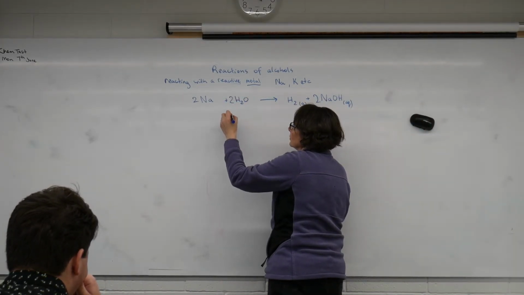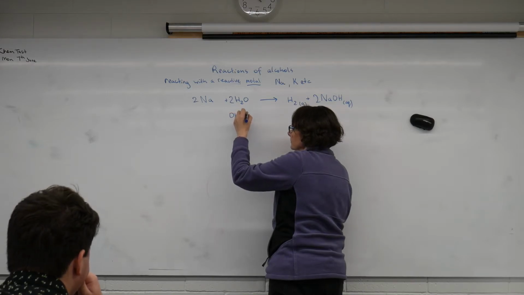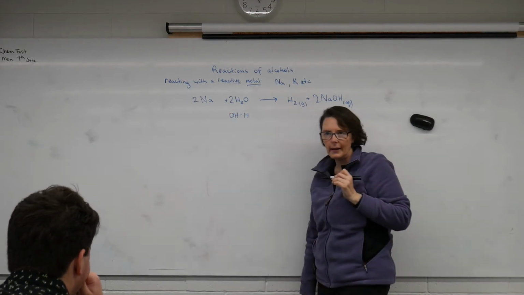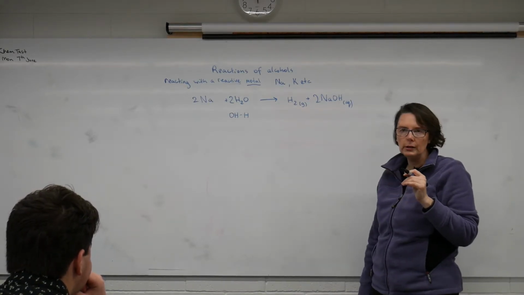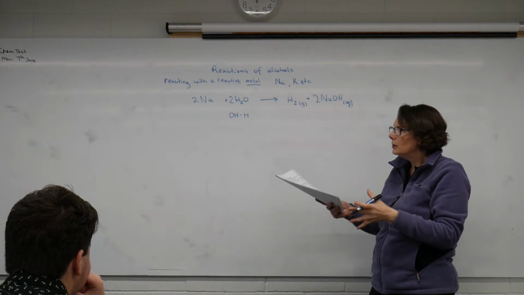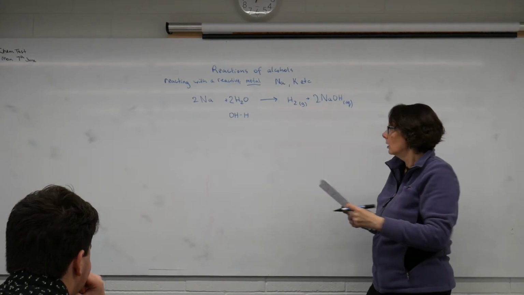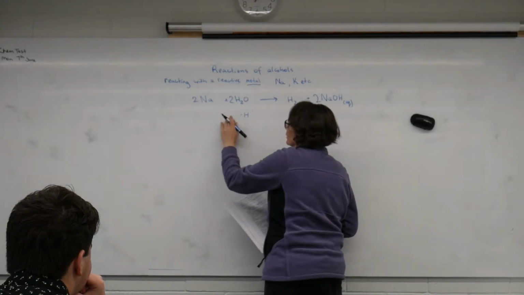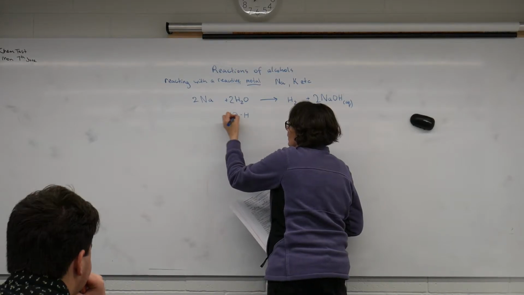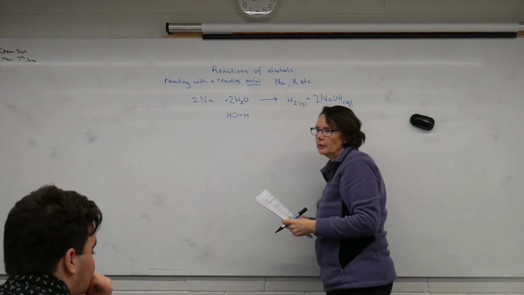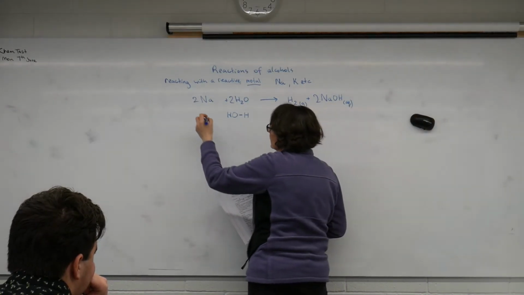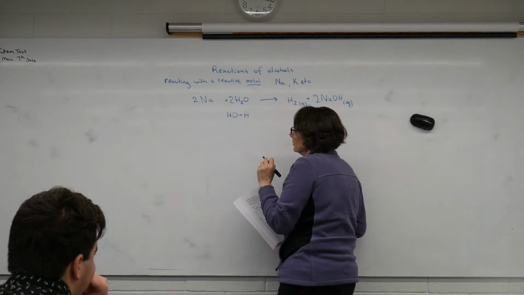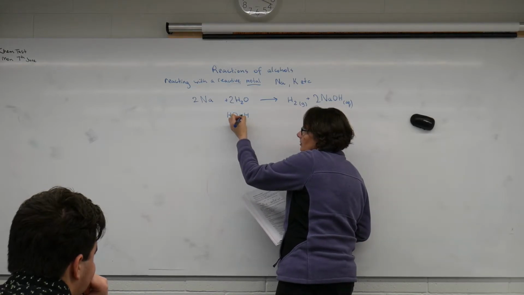So the way I like to think about this reaction is, if we focus in on the water, what's happening here? I can write the water like that. All I'm doing is looking in close up at that one bond there, because what is happening when I react with the sodium is I'm breaking that bond.